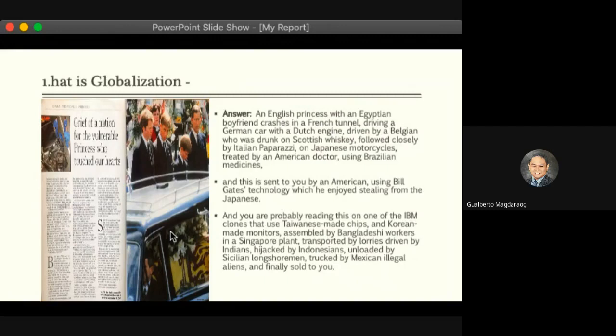So I think there is very limited product na we can say that it's 100% locally made. Very limited product, 100% locally made. Tama ba? What are you using right now?